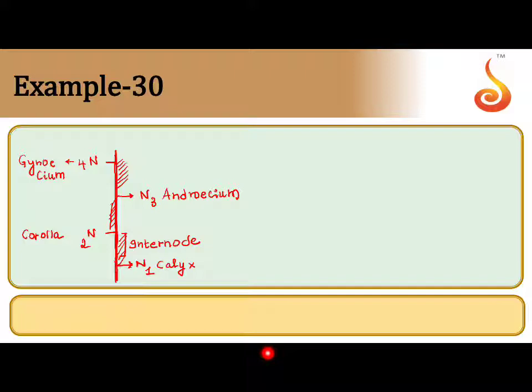So what is anthophore? The internode between calyx and corolla is called as anthophore, because that is the main part of the flower where androecium and gynoecium are held.